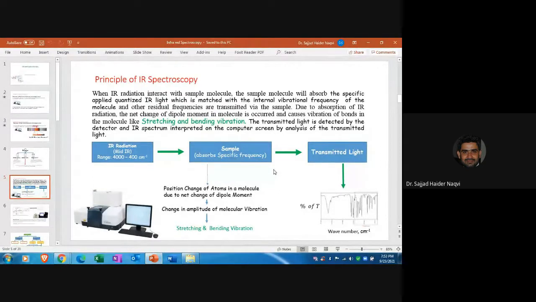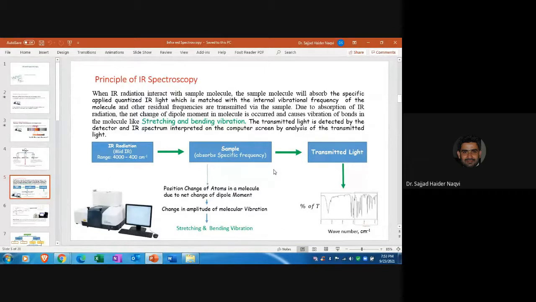So the transmitted light, on the other hand, is detected by the detector, because once the light passes through the sample, that is called the transmitted light. And on the other side of that, there is a detector which is specifically there to detect that light. So the transmitted light is detected by the detector, and the IR spectrum is made.